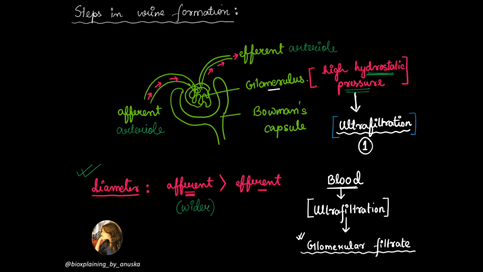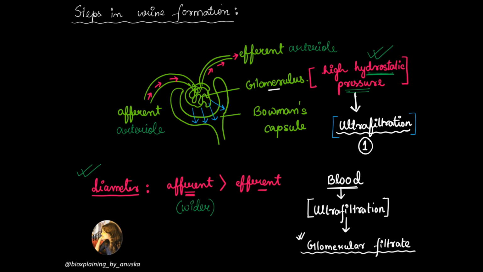So due to this difference in diameter, a very high hydrostatic pressure develops in the glomerular region. As a result, only the liquid contents of the blood will be filtered out from the glomerulus into the Bowman's capsule. Only the liquid contents of the blood.